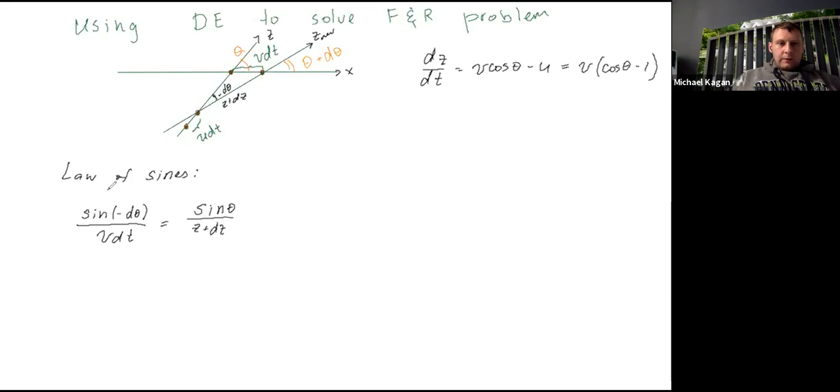But then if you just cross multiply this, you get z plus dz. Hope that doesn't make you dizzy. Sine of negative d theta equals sine theta v dt. Are we good?